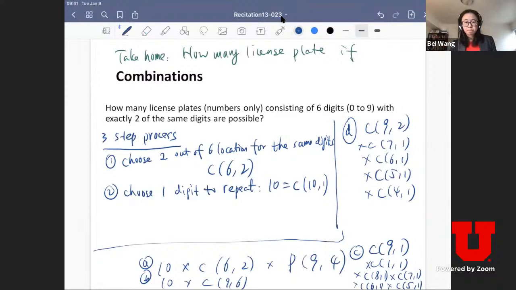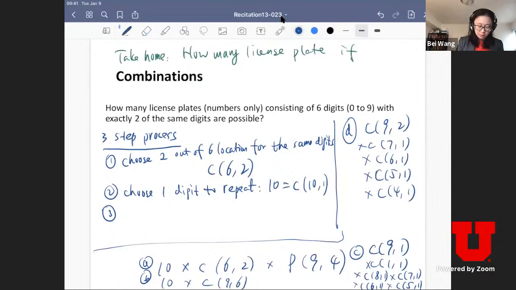And the third step is, once I choose a digit to repeat and a location to repeat the digit, remember the remaining locations have to have unique digits, chosen among the remaining 9 of them.